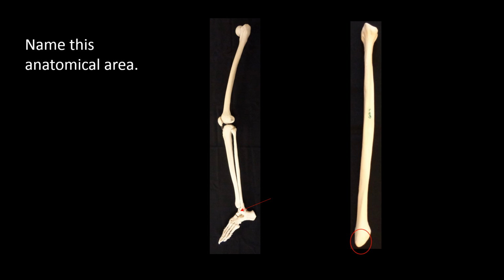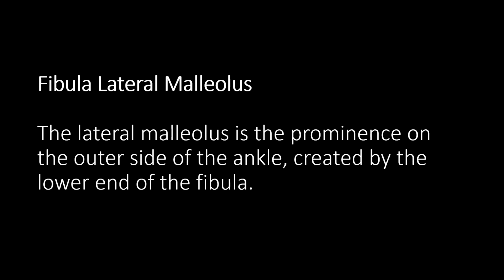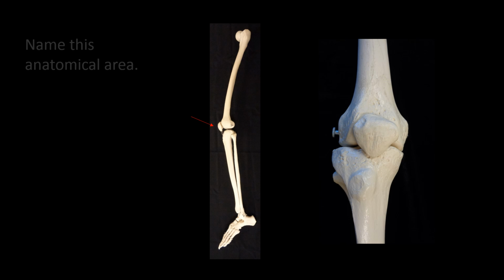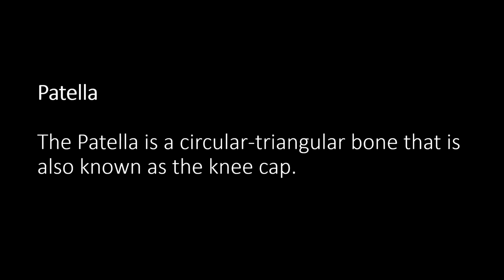Fibula lateral malleolus. The lateral malleolus is the prominence on the outer side of the ankle, created by the lower end of the fibula. Name this anatomical area. Patella. The patella is a circular triangular bone that is also known as the kneecap.